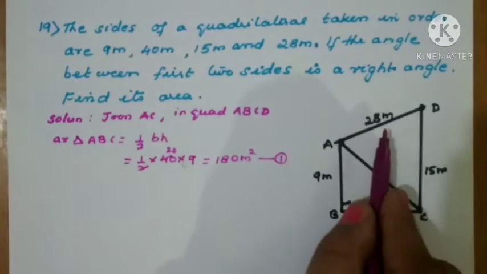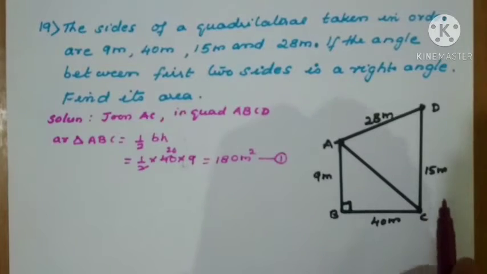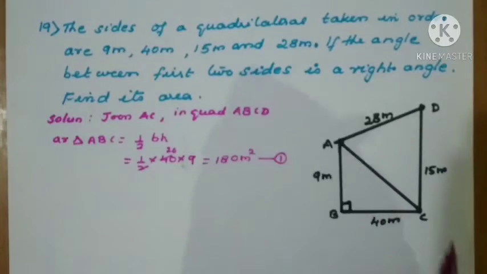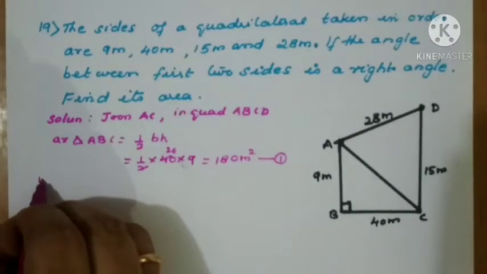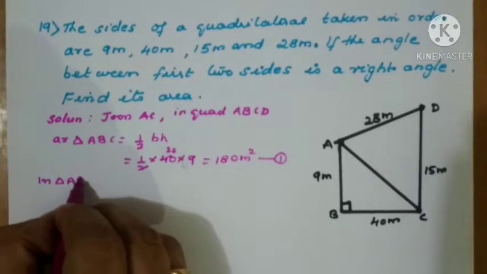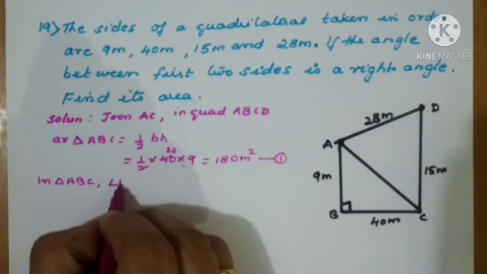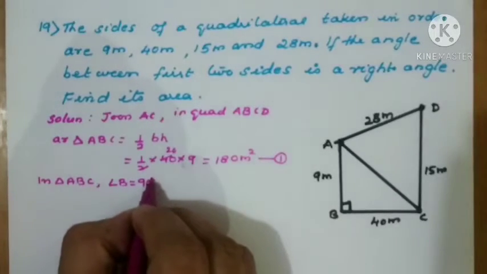Now what is the next portion? ADC is the next triangle, but we have only two sides, which are 15 meter and 28 meter. So we need the third side. Because it's a 90 degree angle, by using Pythagoras theorem we can find the hypotenuse. In triangle ABC, it is given that the angle between the first two sides is 90 degrees, that means angle B equals 90 degrees.